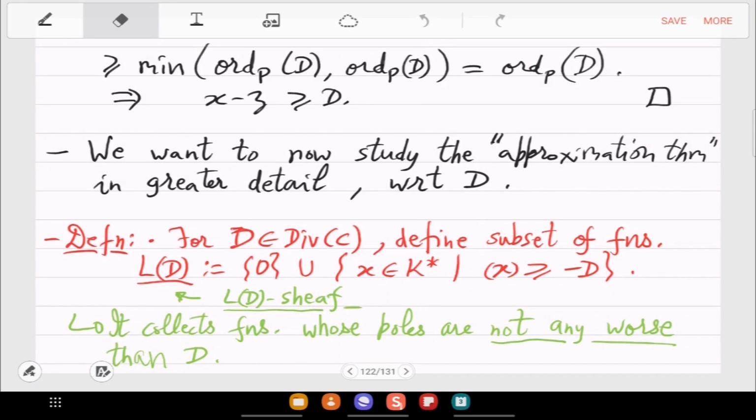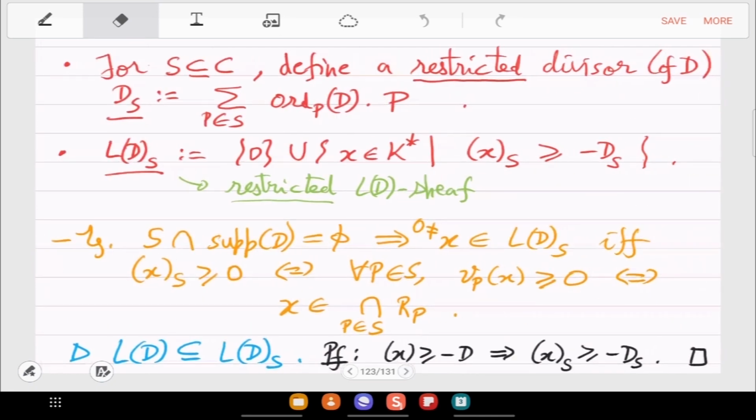They can be from anywhere, but the poles are restricted by what you see in D. Actually, it is not completely true. D may have both positive and negative order points. For positive, it puts a constraint on the poles of x, and for negative order in D, it puts a constraint on the zeros of x. But it's a statement about all the zeros and poles of x, while this second statement is not. This is not a statement about everything.